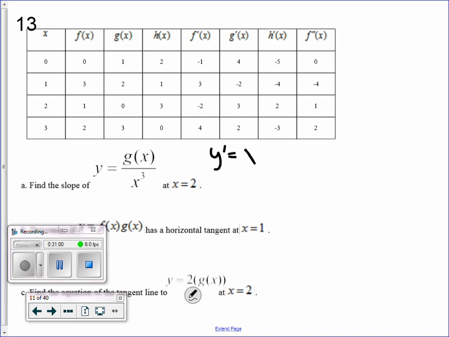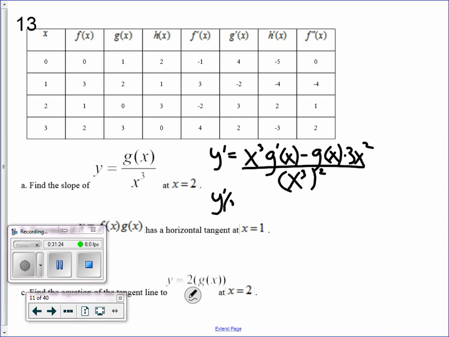We're going to have low times d high, which is g prime of x, less high times d low, 3x squared, all over denominator squared. So x cubed squared would be x to the 6th, but you can just write x cubed squared. Now you can plug in 2, because that's what they want us to find.